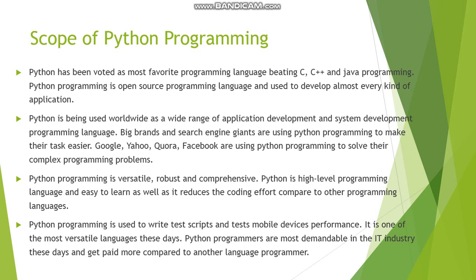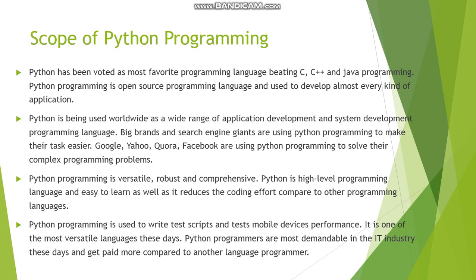Okay. Now what is the scope of the Python language? Why should we learn Python programming? What are the characteristics and properties of Python programming? Python programming is a very important programming language. It beats C, C++, and Java. It is very easy to understand and easy to use.